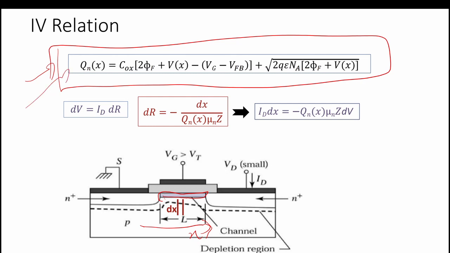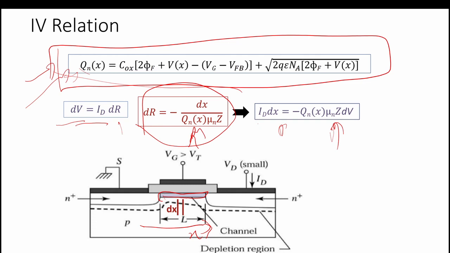From this we can calculate the current, because dV is equal to Id into dR. Just replace this QNX with this equation, and we have Id dx equal to minus QNX mu n W dV.